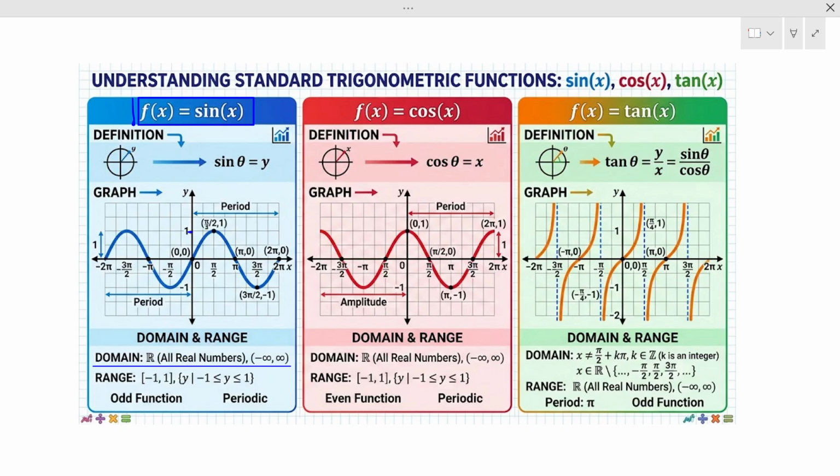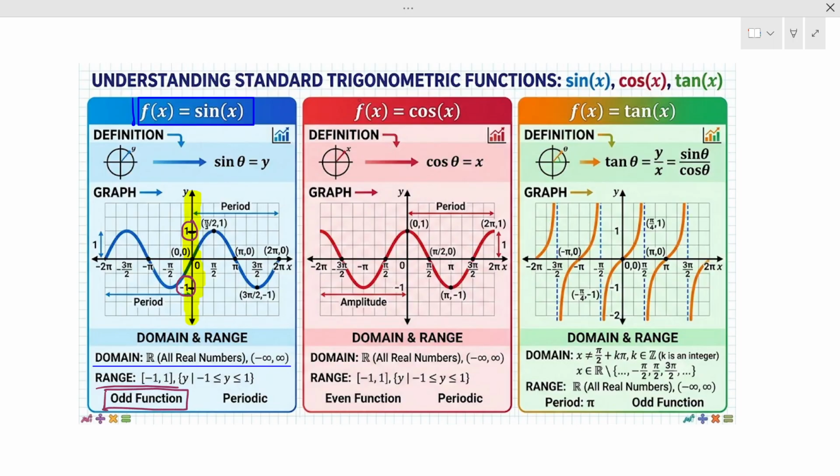Range means where can it go? Check the range always on the y-axis. You can see here that the graph lies between -1 and 1, so the range will be -1 to 1. And just now we have seen that it's an odd function.